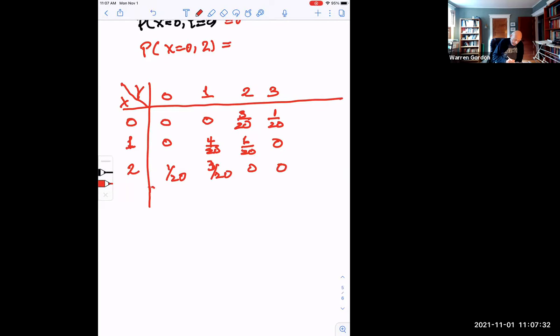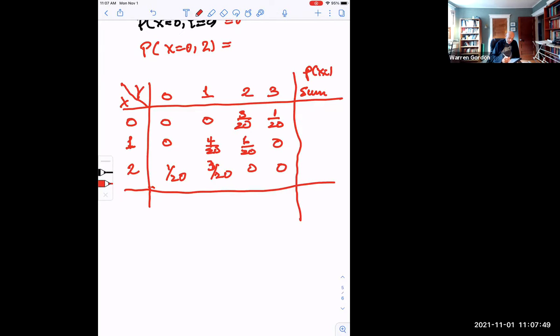And now I want to add an extra row and an extra column. This column sum is going to be P of X sub i. I'm just going to add up the row. If I add up the row, what do I get? I get 4 out of 20.